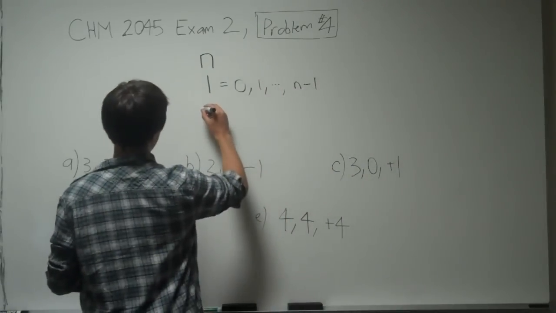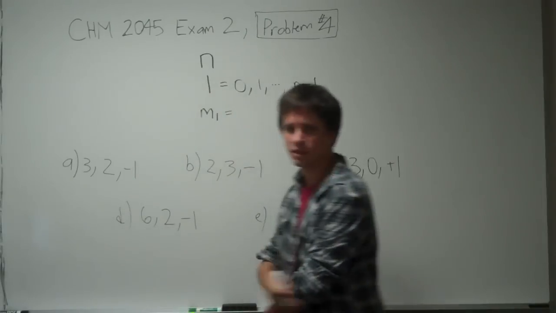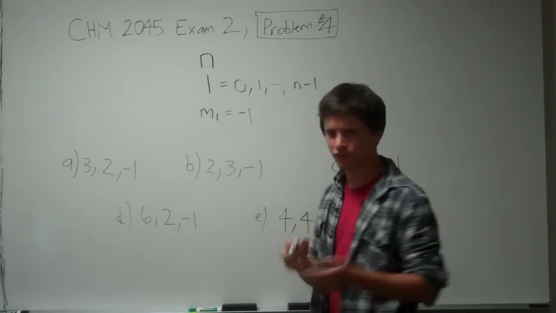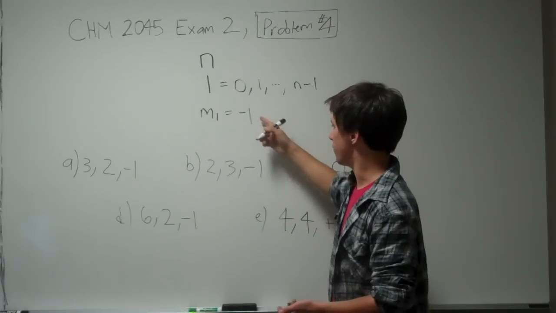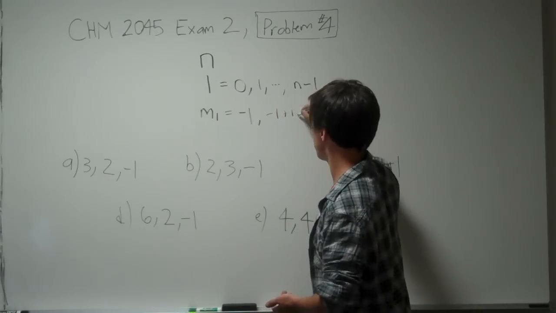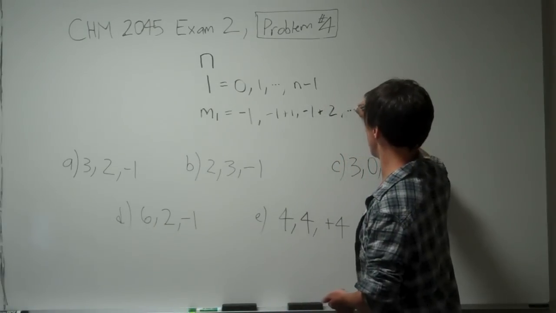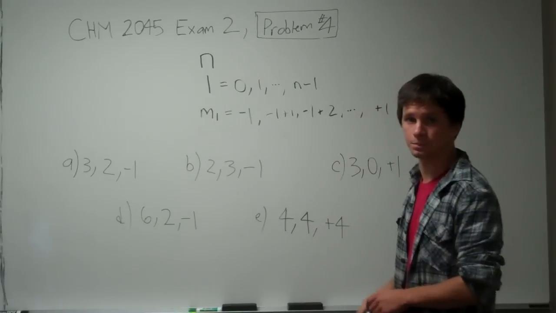And finally, m sub l, that's the third number, and that's going to be anything from negative l to positive l. So you'll have negative l, negative l plus 1, negative l plus 2, all the way to positive l.